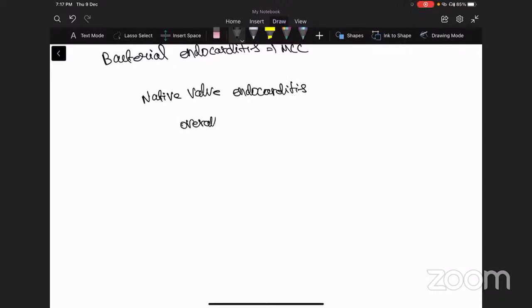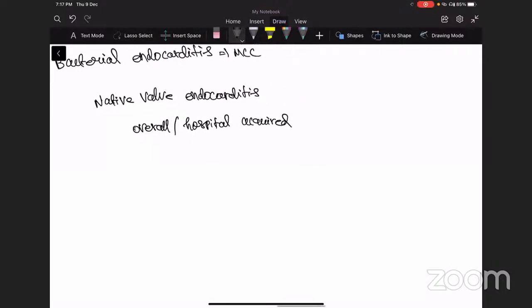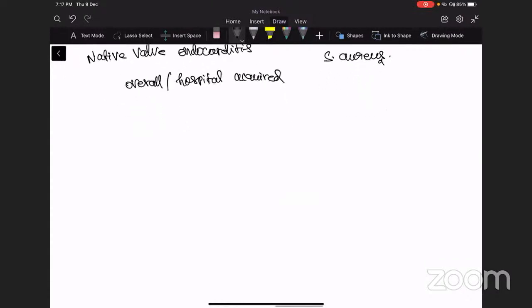Overall, hospital acquired, most common causes. Very good. Staph aureus.